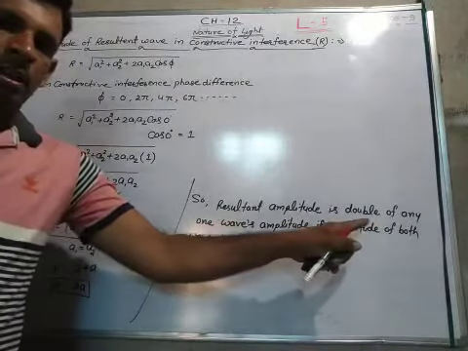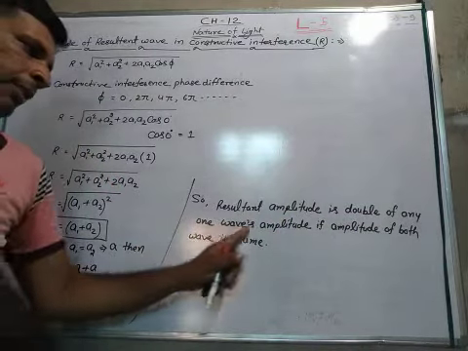Resultant amplitude is double of any one wave's amplitude.